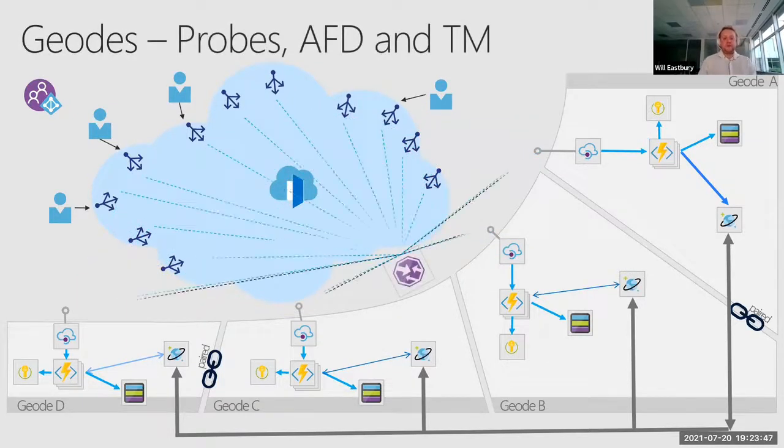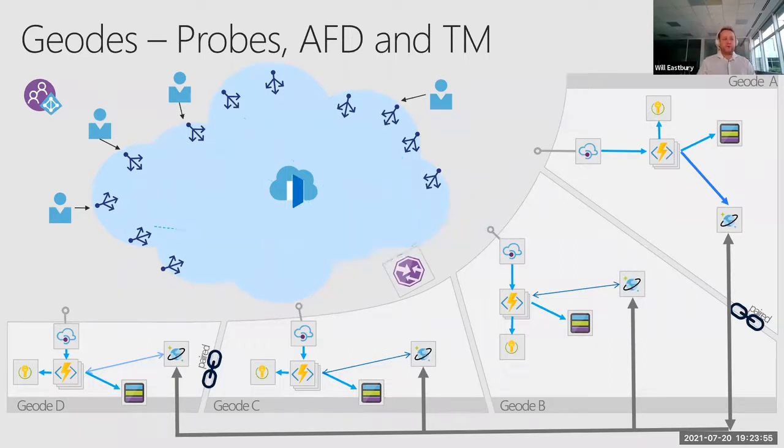So there's a variant of the pattern here, which is what I mentioned earlier on, where you point Front Door's backend at a Traffic Manager profile. I'm not going to demonstrate this today, but it is up on the repo I'll send you to. Then each Front Door only sees the Traffic Manager profile as a backend.